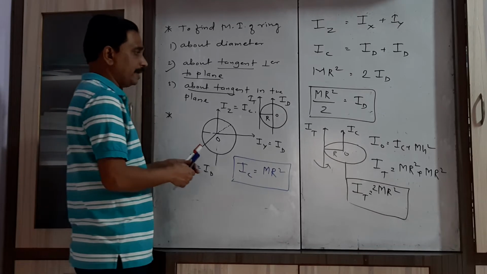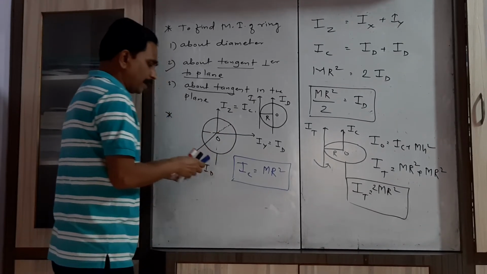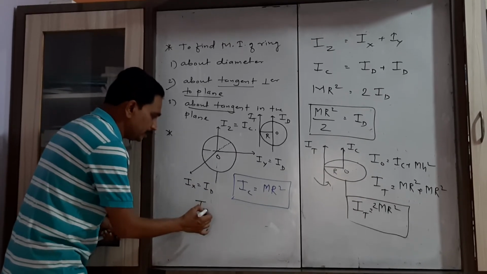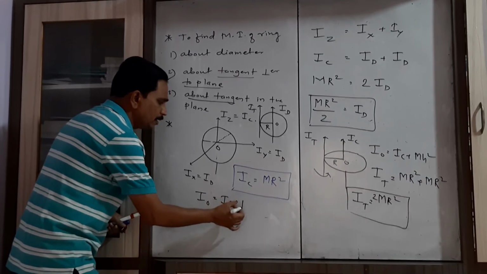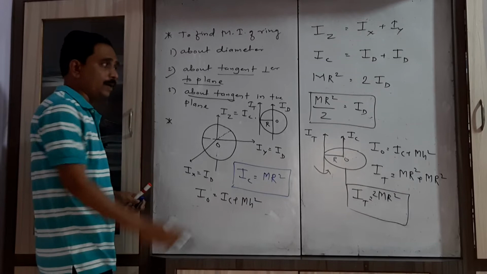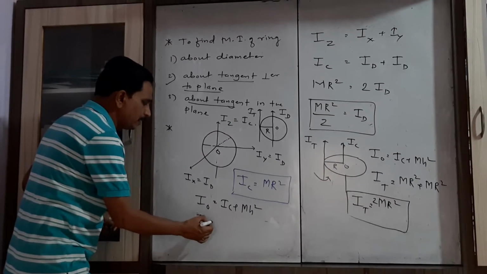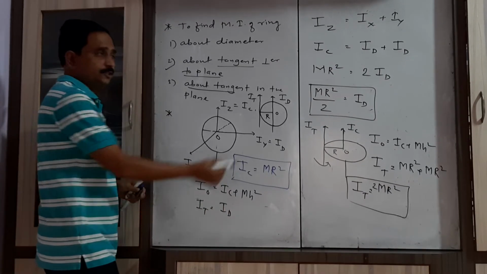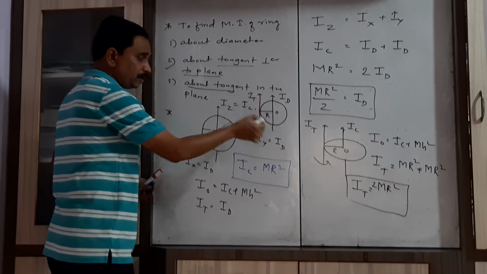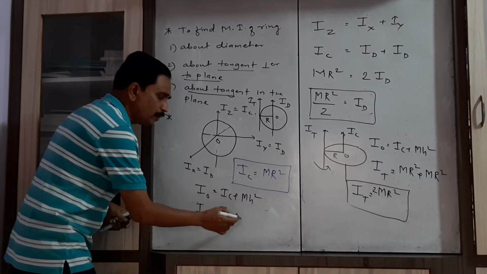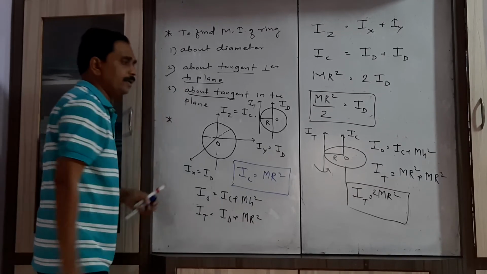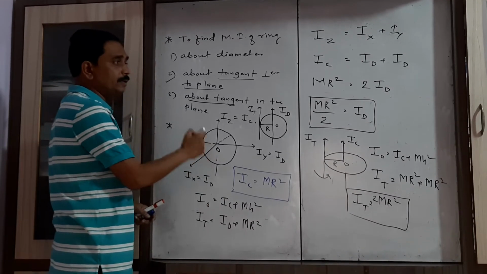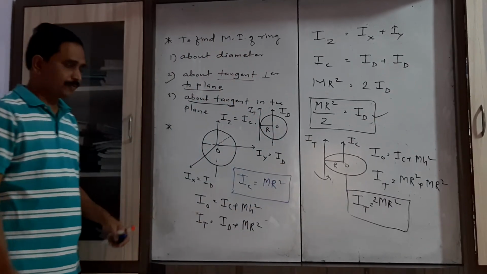Now here again, if we consider the parallel axis theorem, what you have to write is again Io equal to Ic plus Mh square. Now Io equal to It, Ic equal to Id, because this is the axis passing along the diameter, and h equal to R. Now we have just found the moment of inertia of a ring about the diameter, which is equal to mr square by 2.